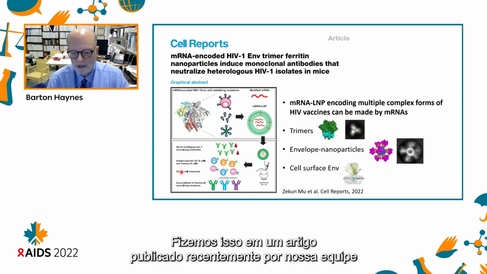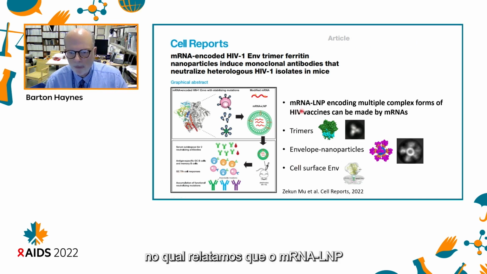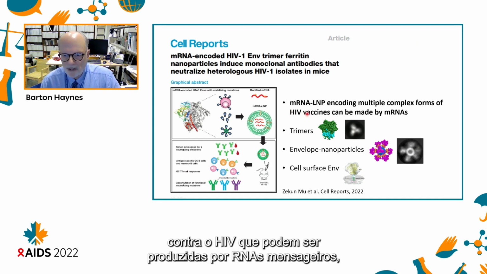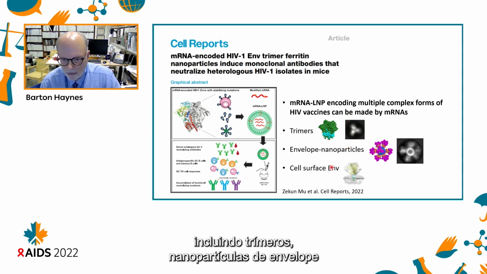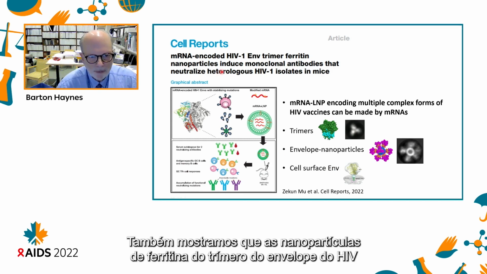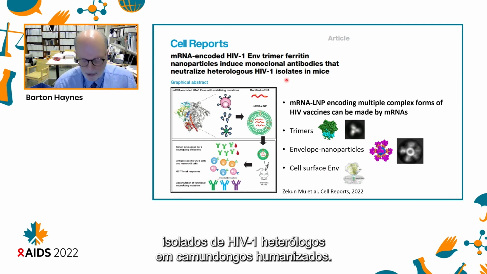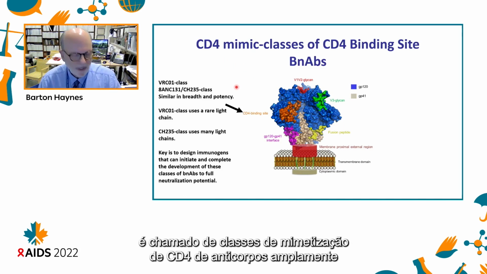We've done this in a paper recently published by our team in Cell Reports this year, in which we reported that mRNA-LNP can encode multiple complex forms of HIV vaccines, including trimers, envelope nanoparticles, and cell surface trimers. We also showed that mRNA-encoded HIV envelope trimer ferritin nanoparticles can induce monoclonal antibodies that neutralize heterologous HIV-1 isolates in humanized mice.